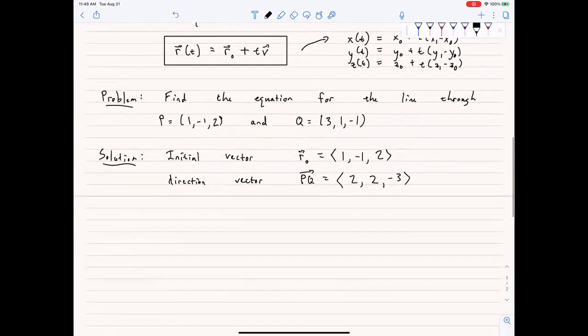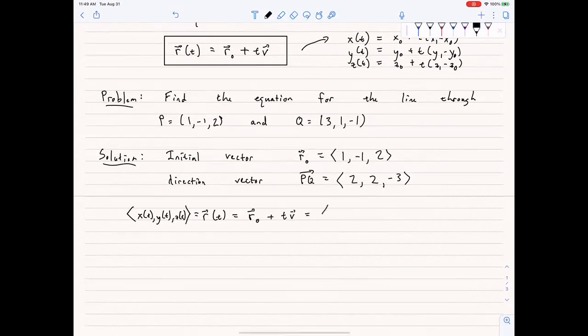And then I just simply write down the equation. Again, I'll keep it in vector form, but you can write this R of t as x of t, y of t, and z of t, just the components of R of t, if you want.